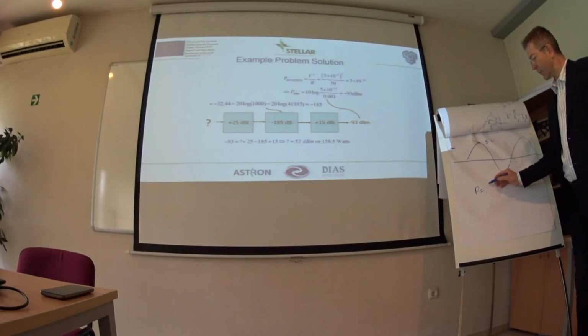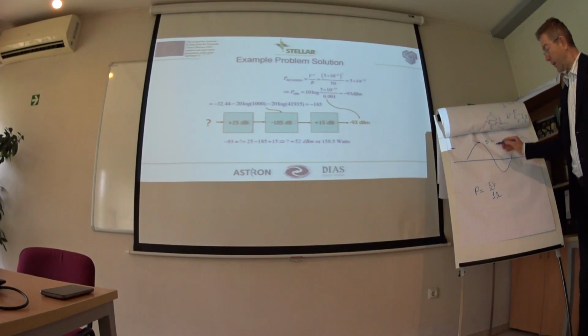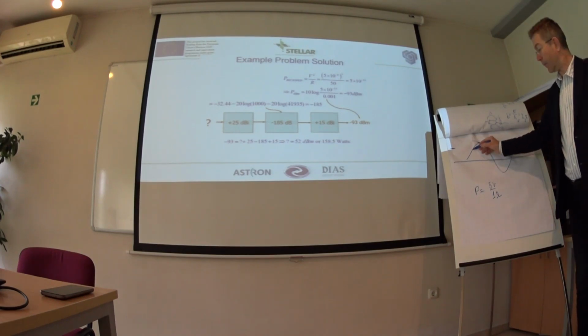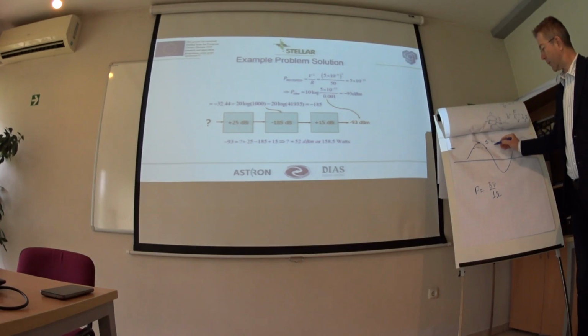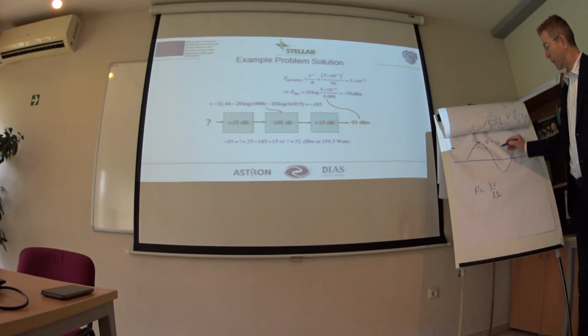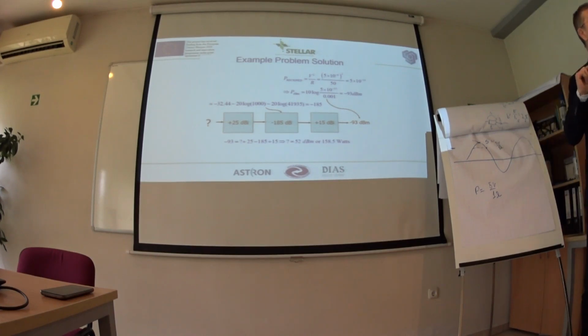It will produce not 5 volts over 1 ohm, but the effective value, which is 5 volts over square root of 2. This is the so-called effective value of the sinusoidal current. If the current is not sinusoidal but something else, the effective value will be different.